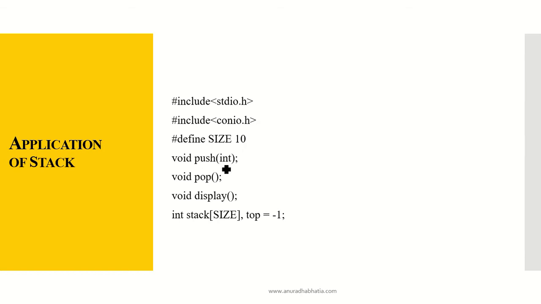Void push(int), as push is a function which needs an element to be added at the top of the stack. Pop just pops out the top element, and display will display all the elements in the stack which remain after the pop function. So int stack[SIZE] and top is initialized to -1, which means that there are no elements in my stack.